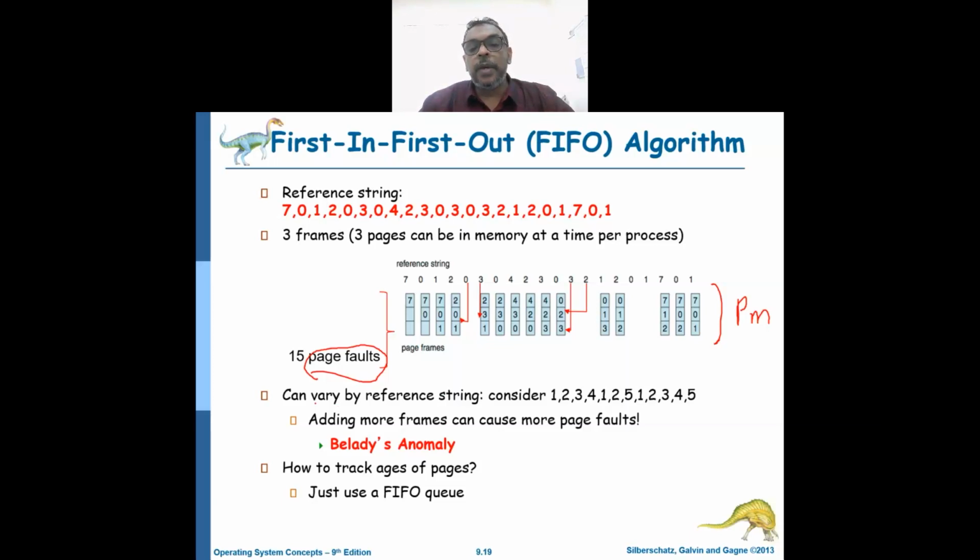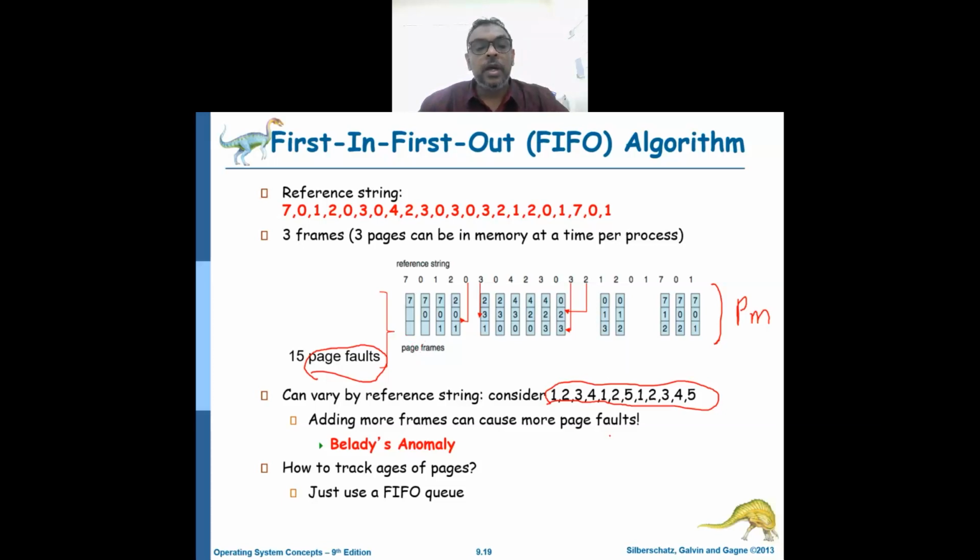So if we change this page to a different sequence, say like this, you have 3 frames, but the sequence is different like this. Okay, then you might get a different answer. The theory is that if you add more frames, you can actually cause more page faults. So it does not mean that if we add frames here, you will finish faster.